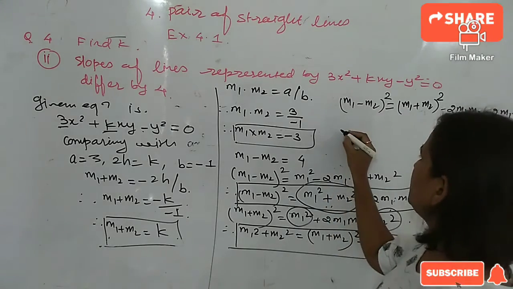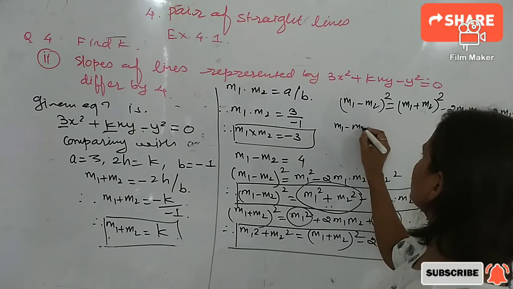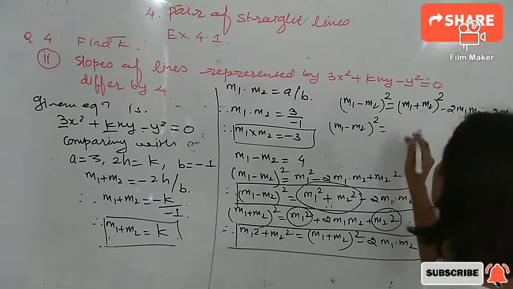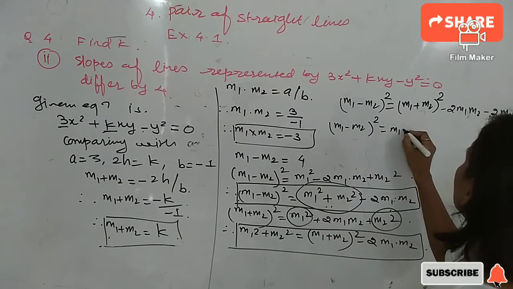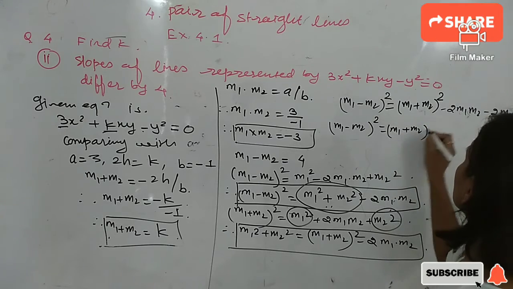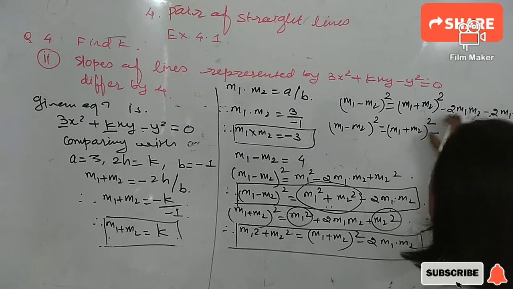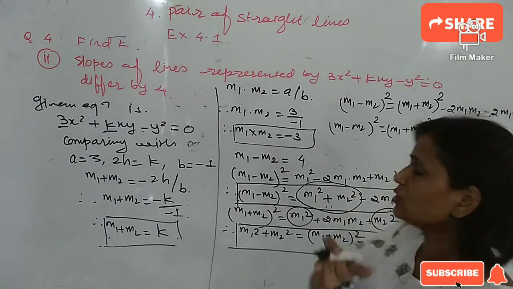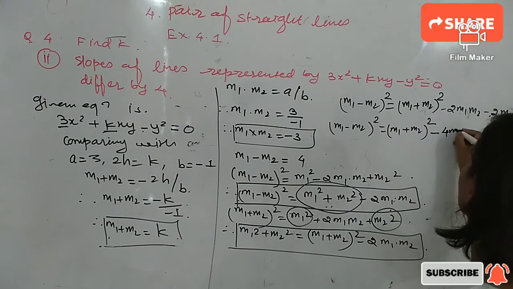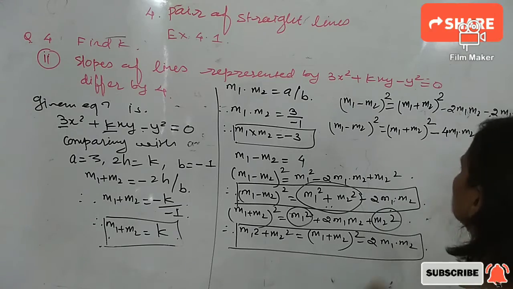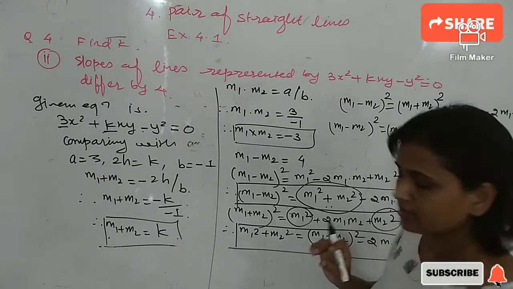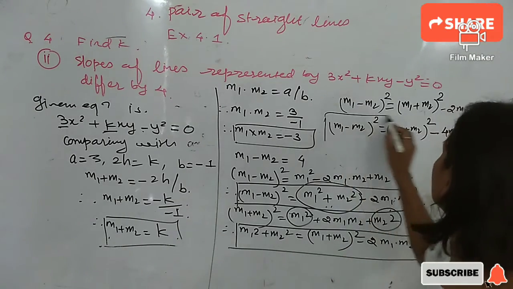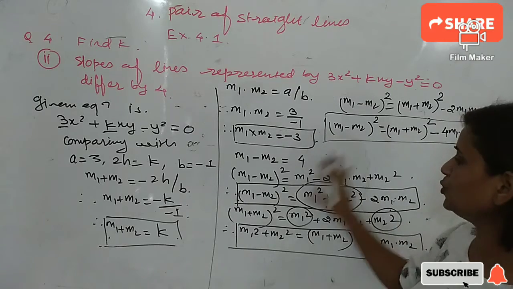So just complete the calculation. m1 minus m2 whole square is equal to m1 plus m2 square, minus 2 m1 m2 minus 2 m1 m2. So the minus 2 addition is minus 4 m1 into m2. So this is my final formula. This is the final formula which we have to use here.